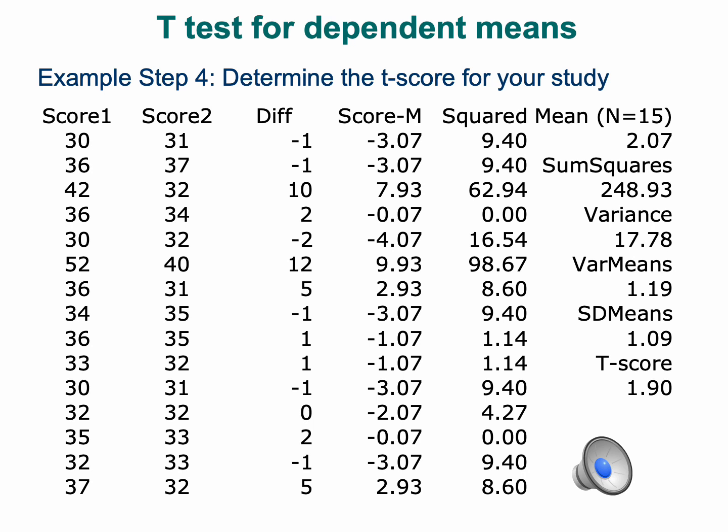So you take 2.07 minus 0, which is 2.07, and you divide that by the standard deviation of the distribution of means, which is 1.09. And that gives you finally a t-score of 1.9. So that's the t-score for the dependent measures t-test. And now we're going to look this t-score up in a table to find out how unusual it is.